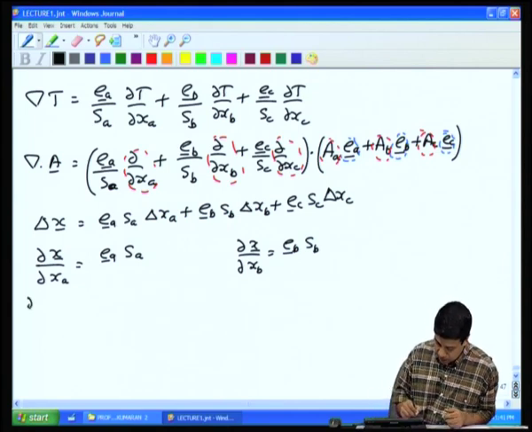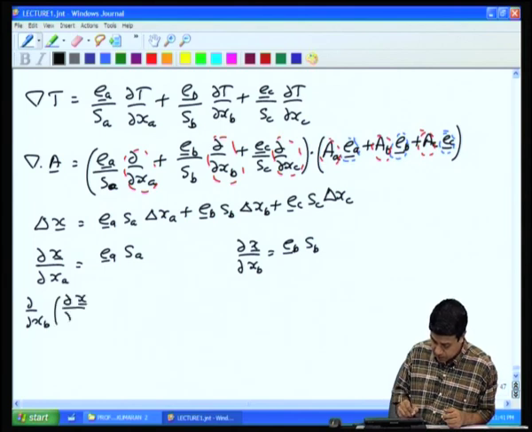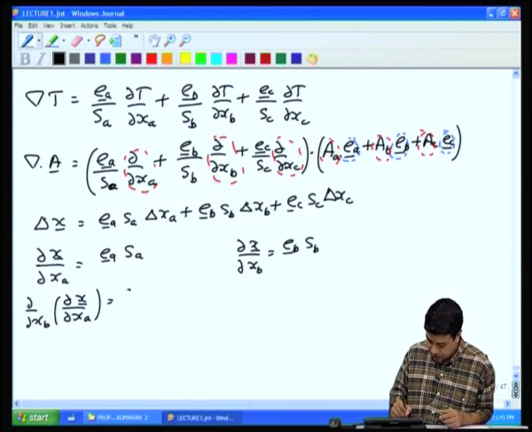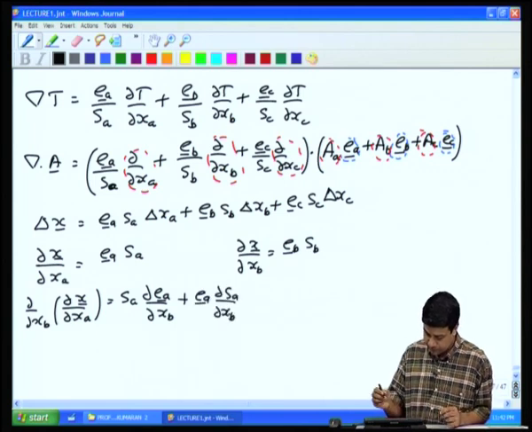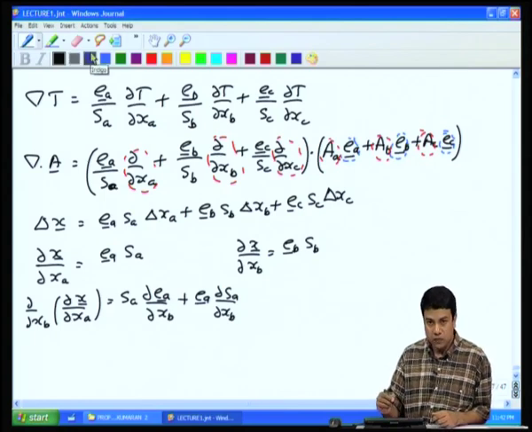If I take partial by partial x_b of partial x by partial x_a, it is equal to S_a partial e_a by partial x_b plus e_a partial S_a by partial x_b. Okay.